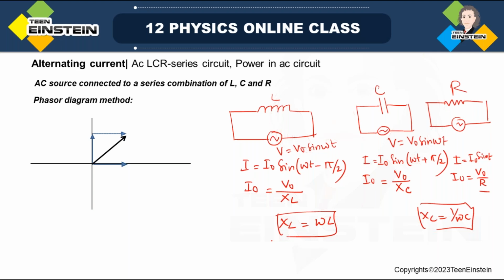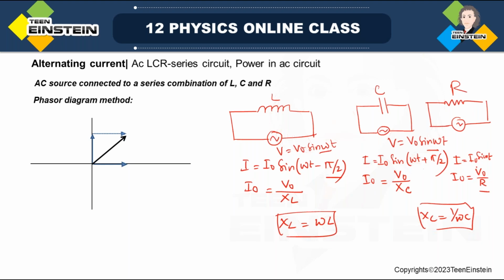So when we have this information, we know the phase relationship between voltage and current. See, voltage is actually leading by 90° in case of an inductor. In case of a pure capacitor, current is leading the voltage by 90° or pi by 2 radians. But in case of a resistor, there is no phase difference.